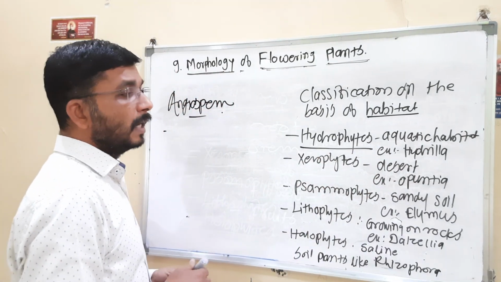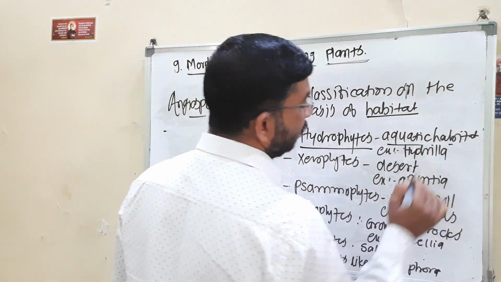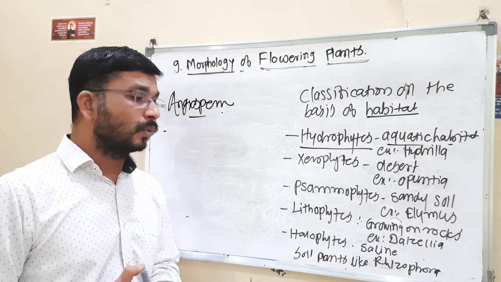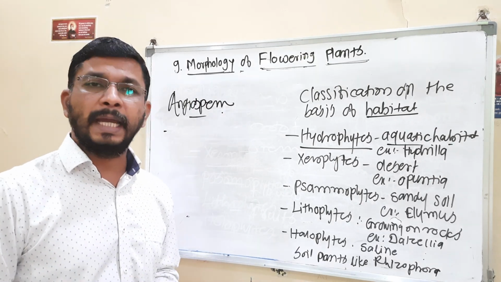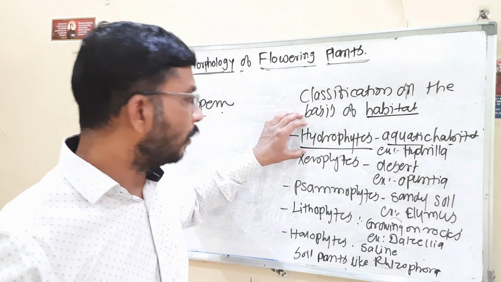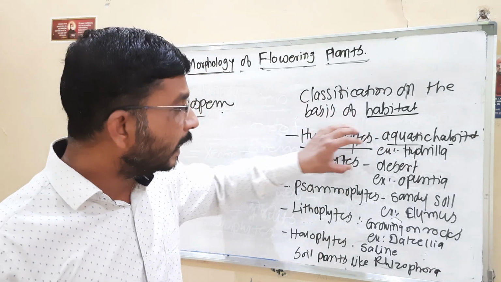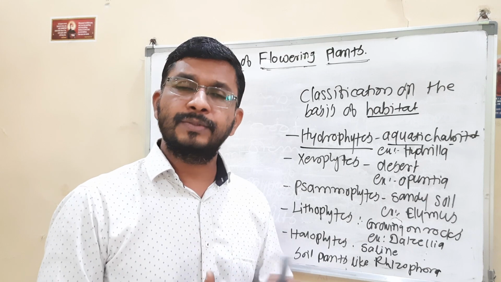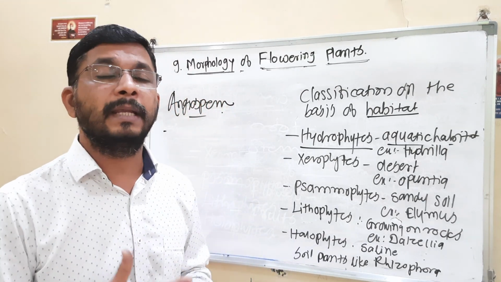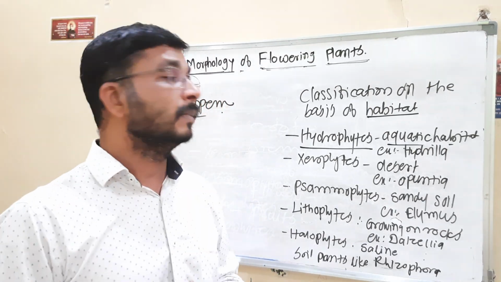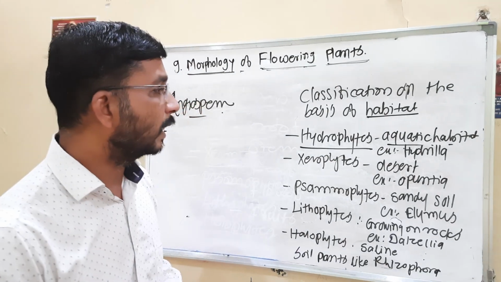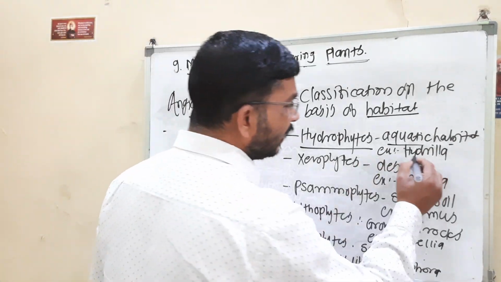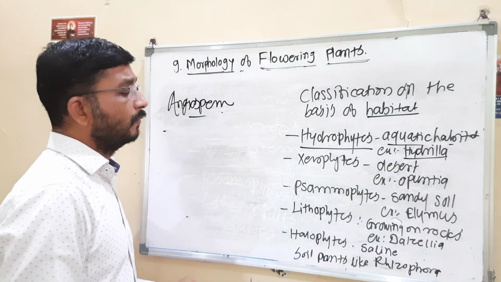These are plants found in aquatic habitats, growing in aquatic conditions. For that they carry certain improvements in their internal and external parts to survive there. The example is Hydrilla, you know it very well.